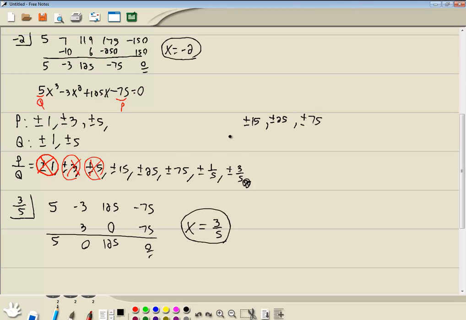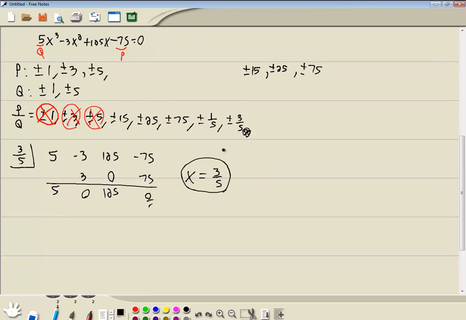Now your goal, when you're going through and doing synthetic division, is to get down to the x squared level. This was x to the third here, and now we're down to the x squared level. Because if you're down to the x squared level, you can drop out and use some other technique. So we got 5x squared plus 125 equal to 0. Take the 125 over, it becomes a negative 125.